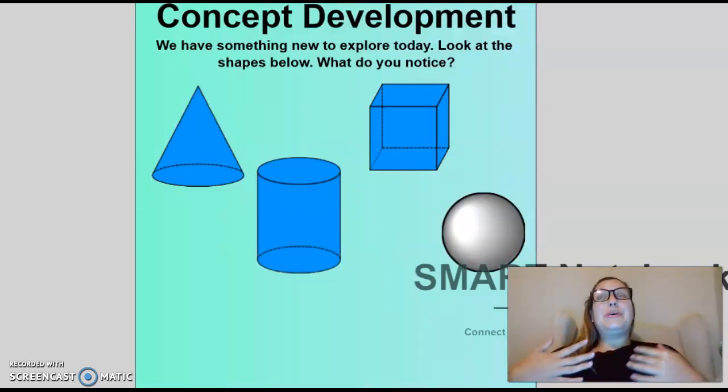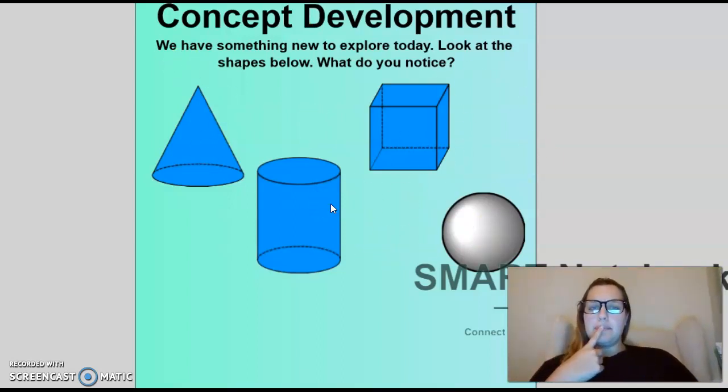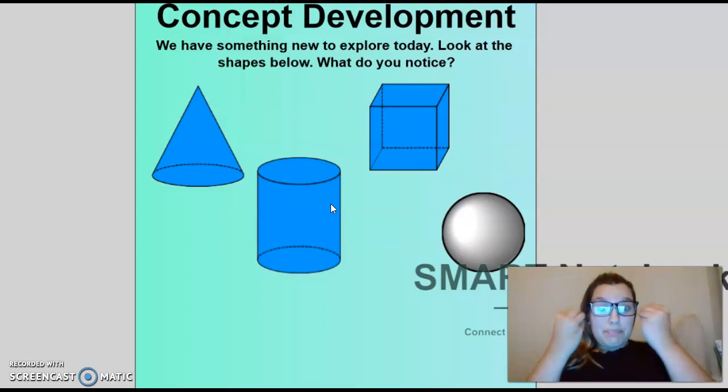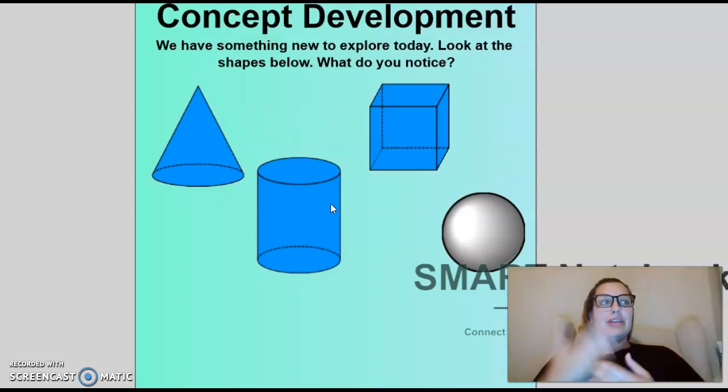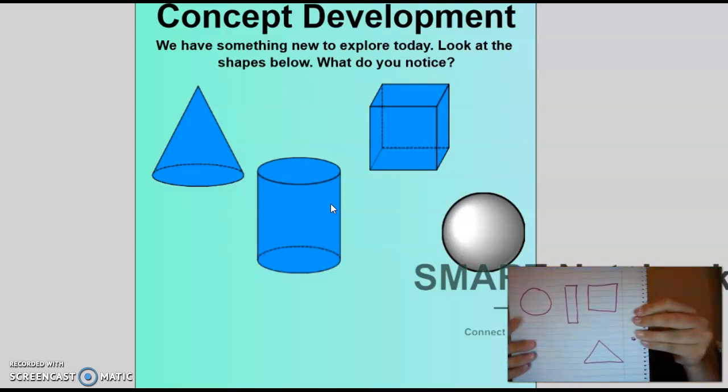Okay, so we have something brand new to explore today. And I want you to look at these shapes below. Is there something you notice about them? They just pop right out, right? They're not flat. I'm not sure if you save your notes from when we do math, but look at my math notebook.